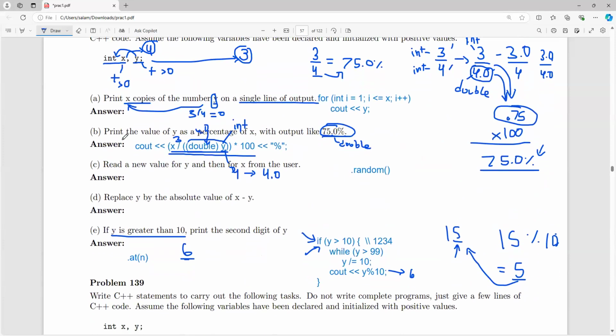What's the purpose of putting 99? The reason we put 99 is that 99 is the greatest integer that has only 2 digits.